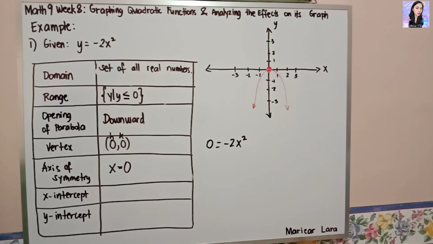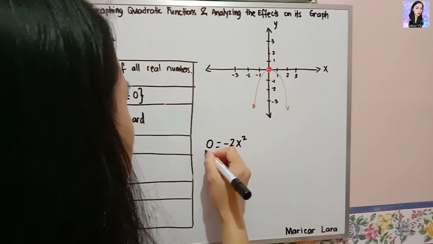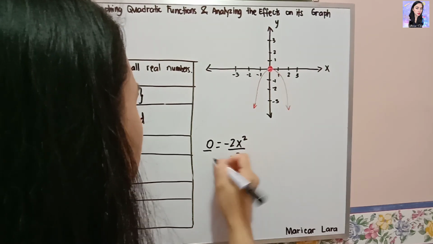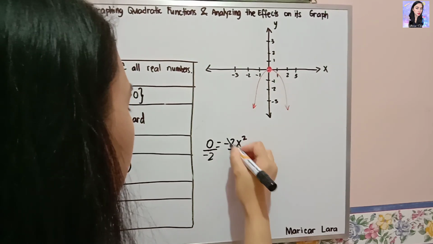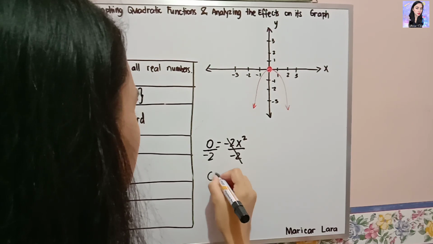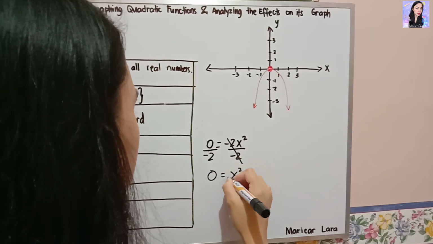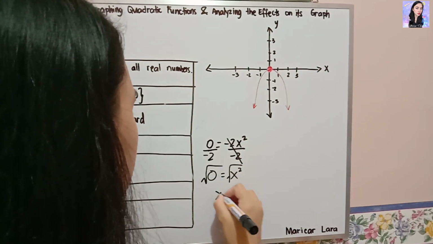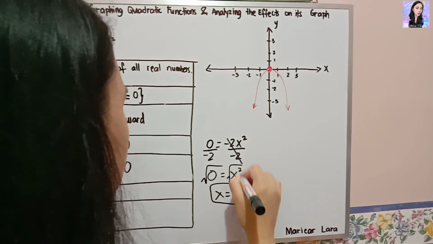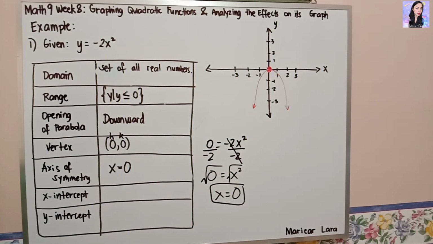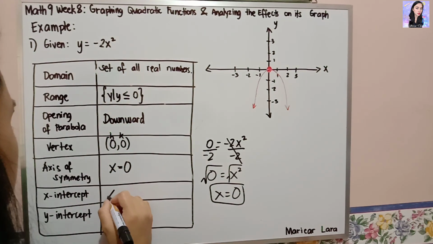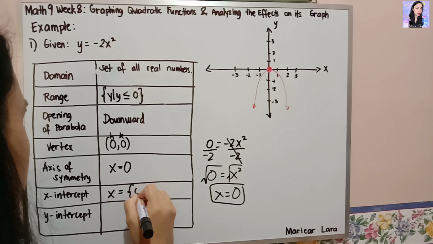Okay? And then, isusolve lang natin siya. So, i-divide natin both sides sa negative 2. So, makakancel. Ito ay magiging 0. And then, square root. So, x equals 0. So, ito na ang answer sa ating x-intercept. X equals 0.